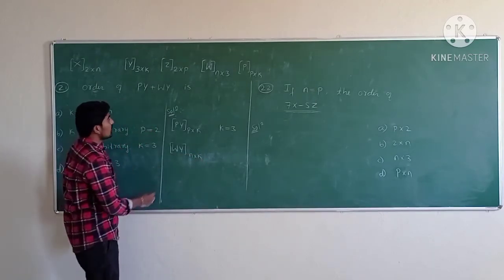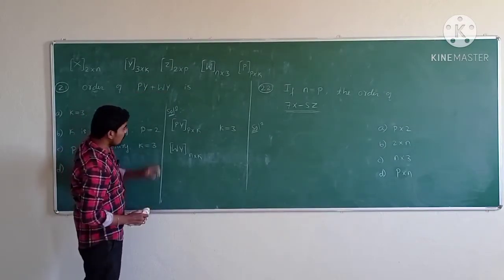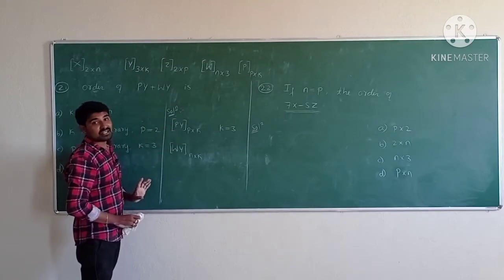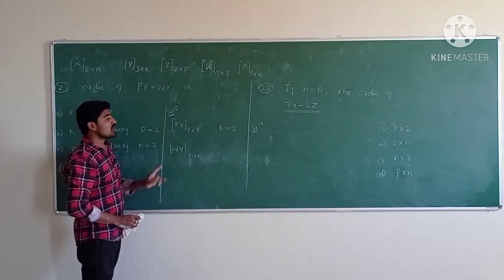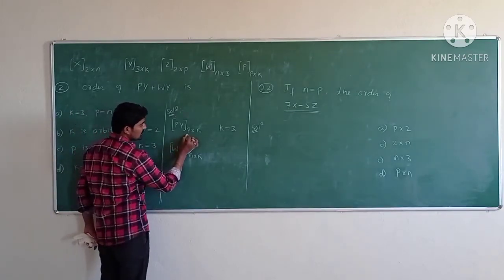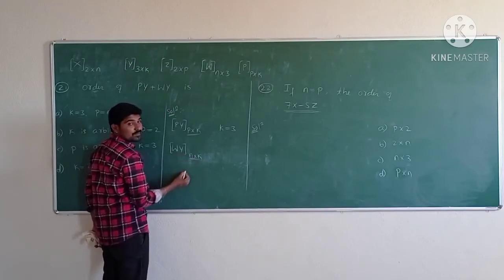Now the matrix PY plus WY is defined only when the orders of both matrices are the same. Addition of matrices is possible only when the orders of both matrices are the same. So here the order of the matrix PY is p cross k, and the order of the matrix WY is n cross k.